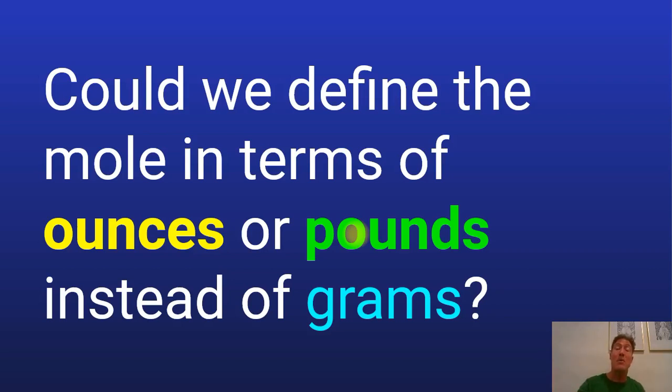But we could pick another number that would convert atomic mass on the periodic table to 1 ounce or 1 pound or whatever unit we're looking for. We happen to go with grams because we're using the metric system. And that's what the mole does. The mole converts from atomic mass on the periodic table to grams, usable grams in the laboratory.